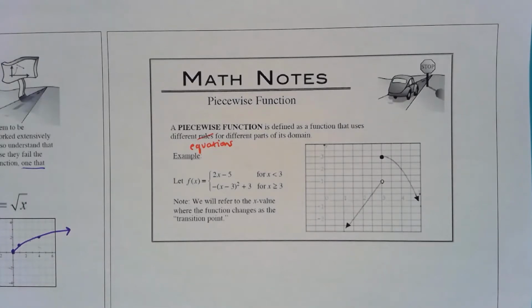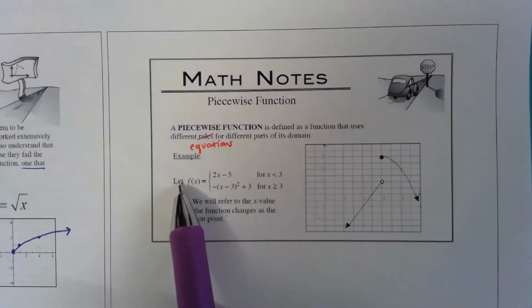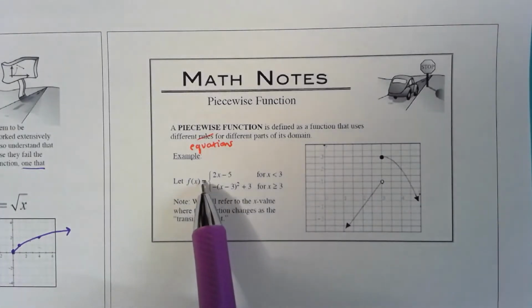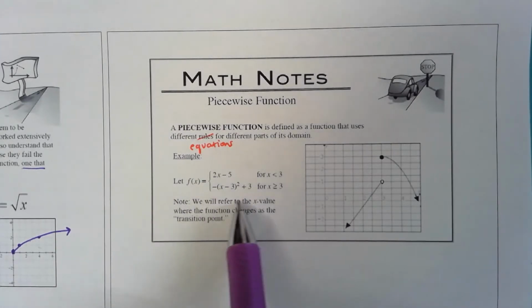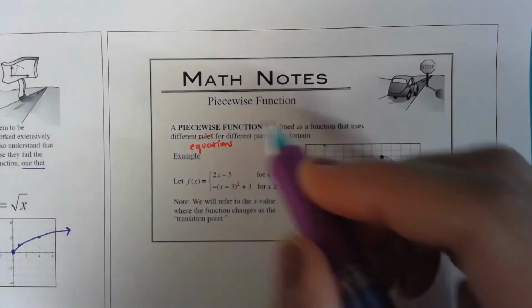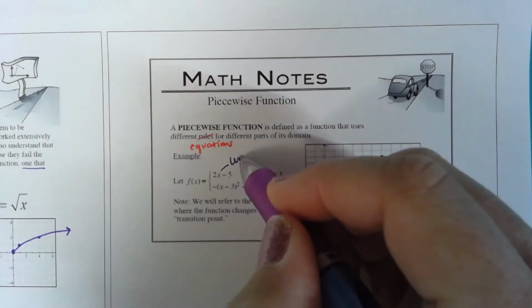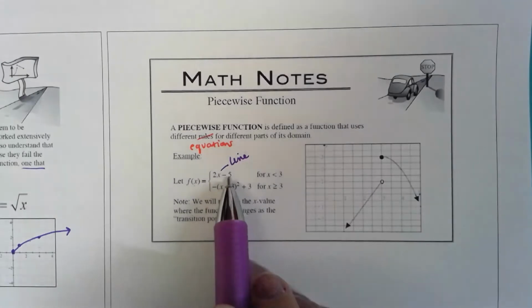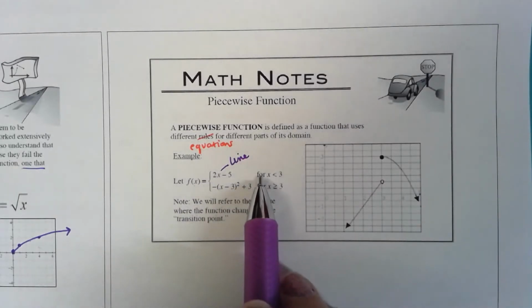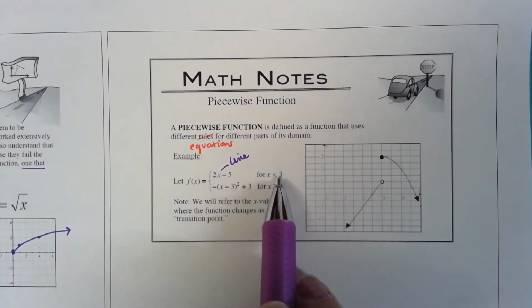Before we even get to an example, let's talk about the format. They'll say f of x equals, and then in this curly brace, they'll put more than one equation. We know this is a line, so it says y equals 2x minus 5, but then they'll tell us when they want us to use that. They only want us to use that when x is less than 3.